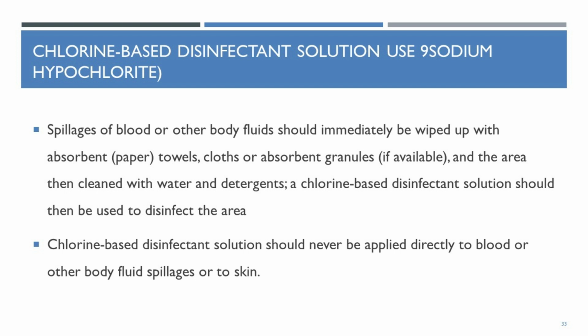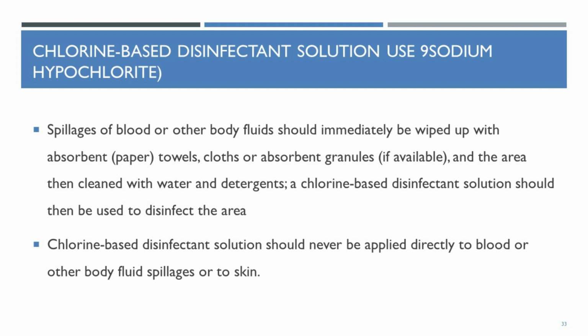In case of spillages of blood or other body fluids, they should be immediately wiped up with absorbent paper, towels, cloth, or absorbent granules if available. The area is then cleaned with water and detergent, and chlorine-based disinfectant solution should be used to disinfect the area. Never forget to use proper personal protective equipment while you deal with body fluids or blood.